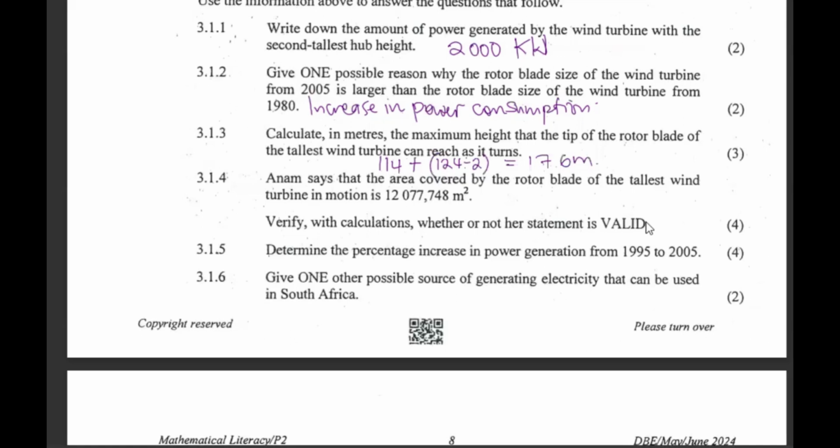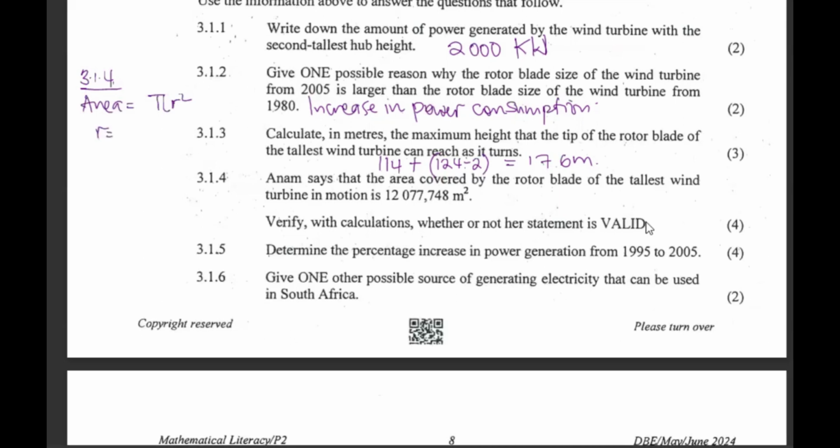Okay. Anam says that the area covered by the rotor blade of the tallest wind turbine in motion is 12,077.748 meters squared. Verify by calculation whether or not the statement is valid. First and foremost, we're looking at the area, which will equal πr squared.